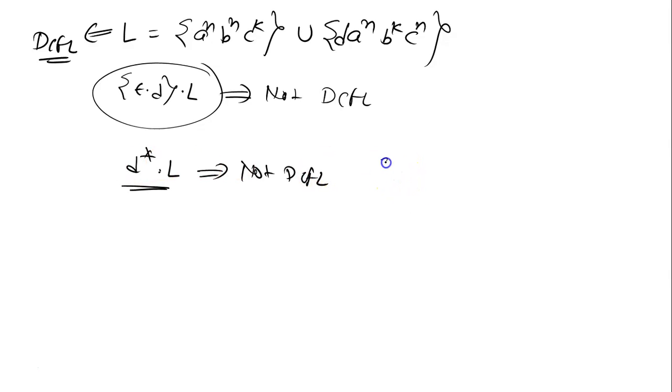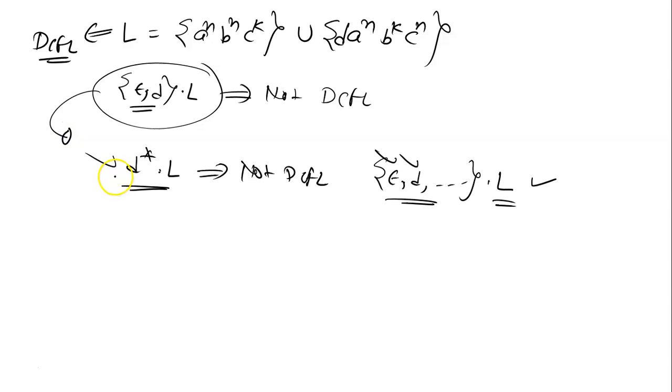Because this D star will have the empty string, it will have D, it will have D square and so on, dot L. Now again the same thing will happen: empty string comma D dot L. If your string starts with D, then we don't know which part we should check. So you can just work it out. This is a very simple variation, so we can say that this is also not DCFL.